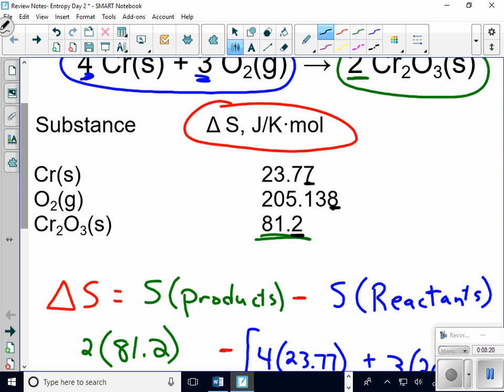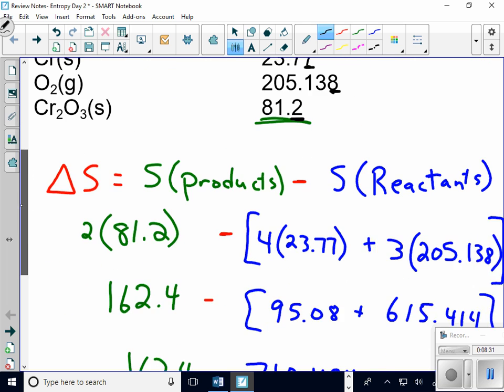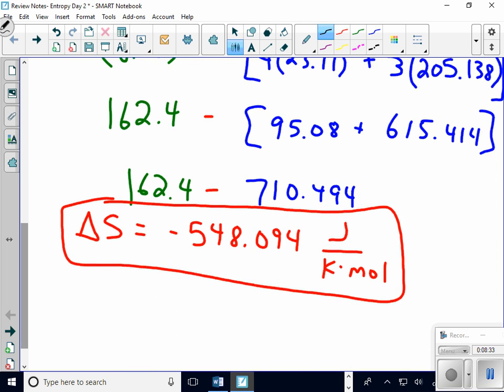Which one is closer? The 2, right? So I've got 10th, I've got 100th, I've got 1000th. To be the most correct, I'm going to round that to the 10th, which would be negative 548.1.